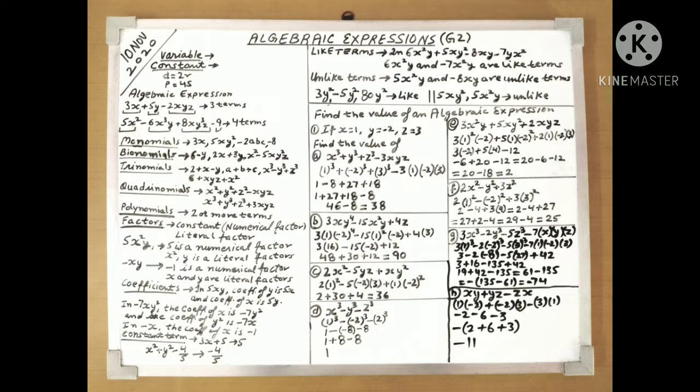And in order to understand the simplification process in the earlier chapters we have discussed, you can go to the description of this video. You will get a playlist 6 standard mathematics, or at the end of the video you can find an end screen playlist 6 standard mathematics. You just click it and you'll get all the previous videos.